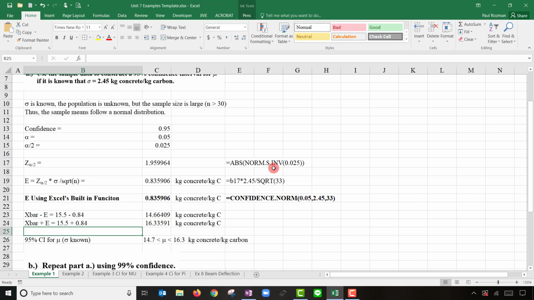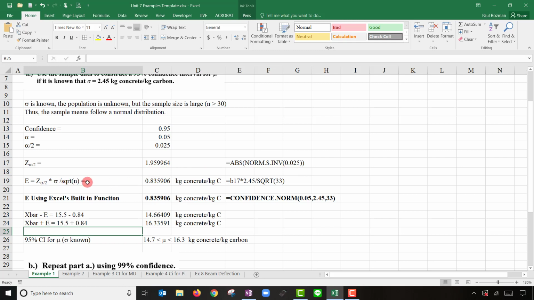It's NORM.S.INV, because I'm going backwards. I'm giving it a probability, and it's giving me the z-score back. I put absolute value on it just so that I get the positive version. Just like we saw when we looked up 0.025 in our z table, we had negative 1.96.